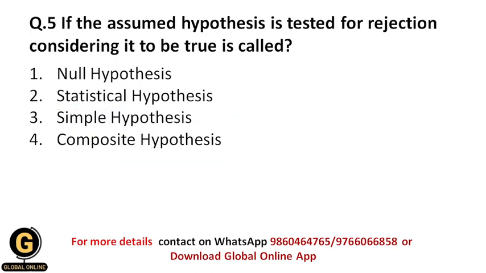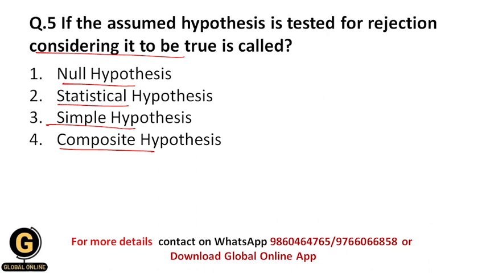If the assumed hypothesis is tested for rejection, considering it to be true, is called. So whenever the assumed hypothesis is tested for its rejection, considering that it is true, then it is called what? Whether it is called null hypothesis, statistical hypothesis, simple hypothesis, or composite hypothesis.